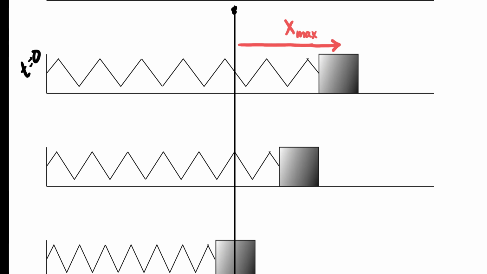Now, at this instant, the instant we pull the mass outwards, there is instantaneously a force in this direction. Currently, the force is also at a maximum because the displacement's at a maximum.